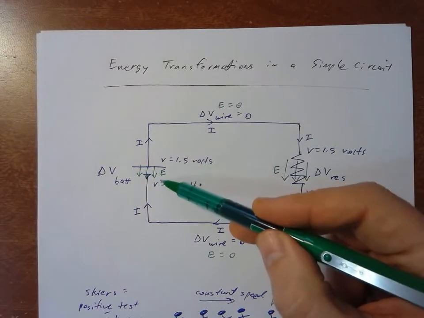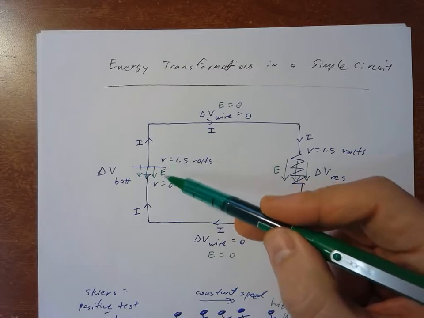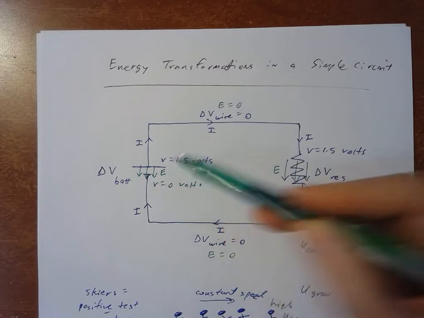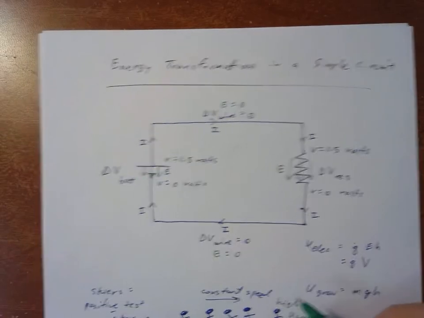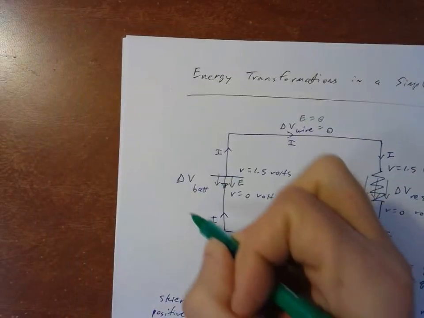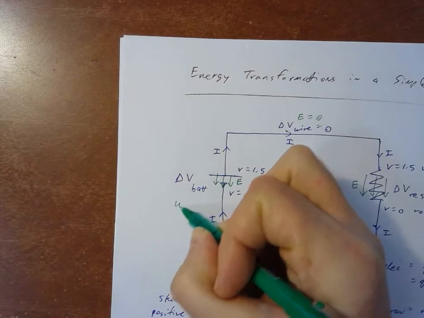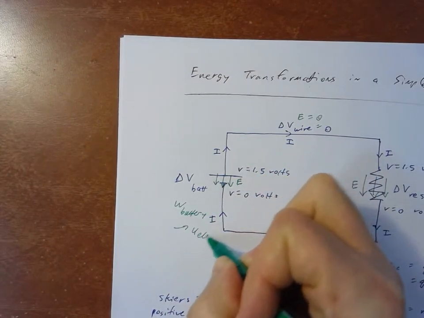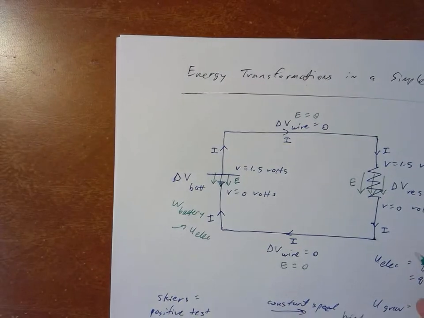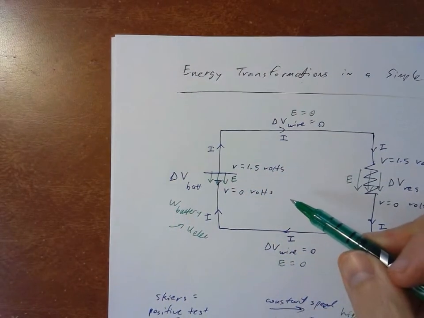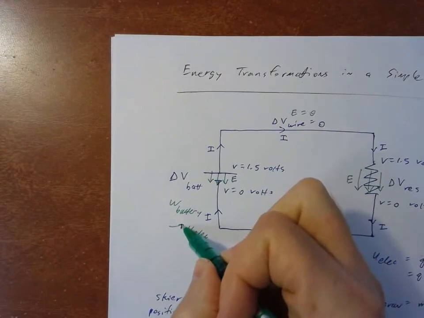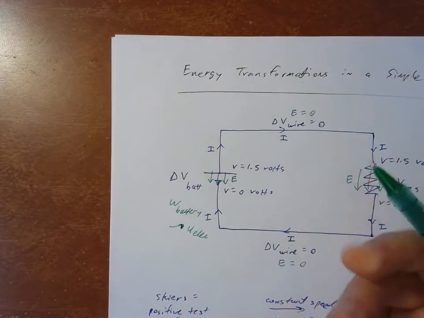And this battery has to do some work. It has to provide energy to lift a positive charge from the low voltage place to the high voltage place. So we can say that the work of the battery gets converted into electric potential energy of a positive charge over here. Another way to think about that is that the battery gets its energy from stored chemical energy.